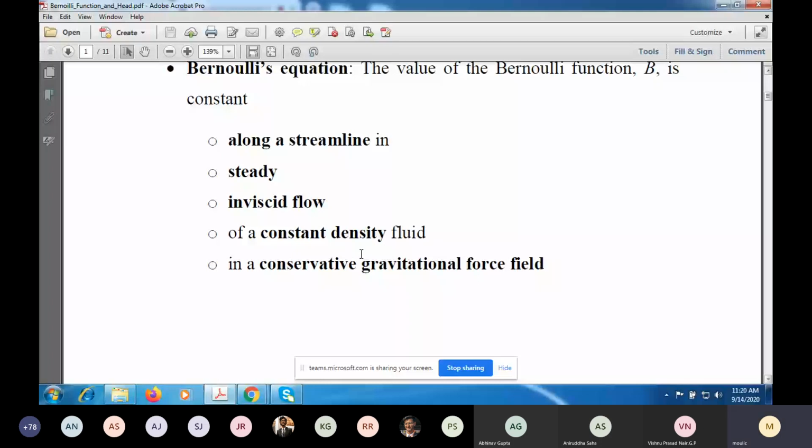So the second last condition, the constant density fluid, is also going to be satisfied. Now the inviscid condition may or may not be satisfied. So first we'll make a prediction assuming it to be inviscid, and then we'll account for the viscous losses through a head loss term. So we'll get a practical engineering prediction without solving the Navier-Stokes equations.